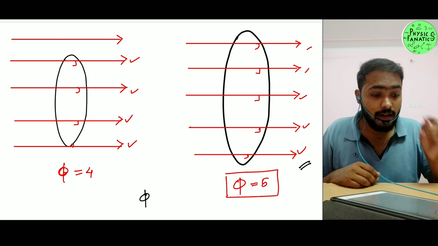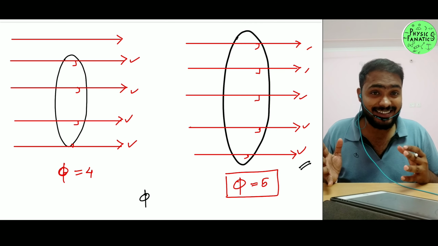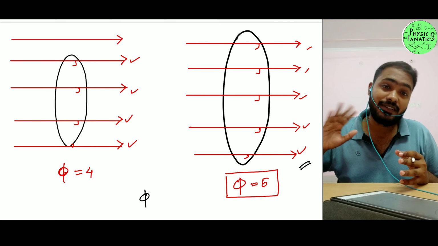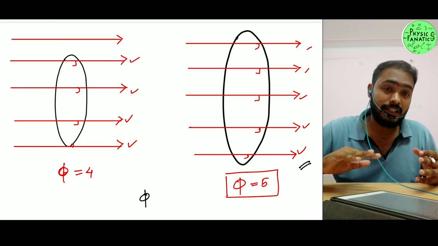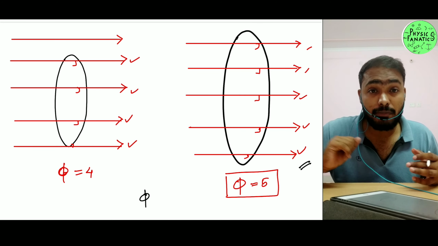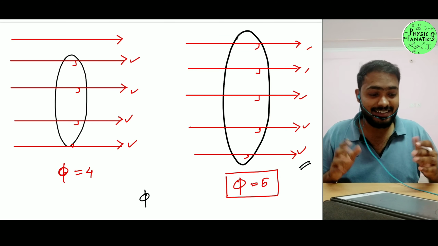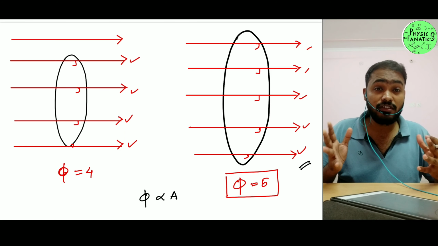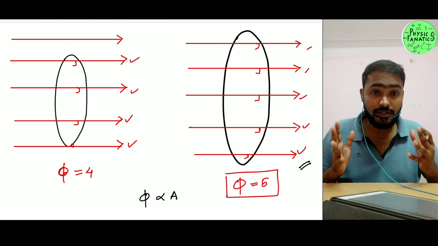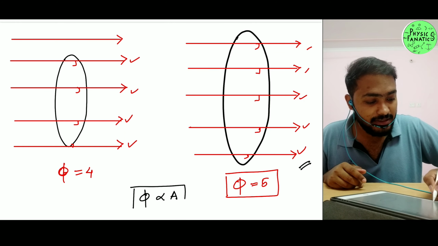In the first case the area was less, so although there were electric field lines, fewer of them pass through that area perpendicularly. So I can deduce that my flux also depends upon the area of the surface that I am choosing.